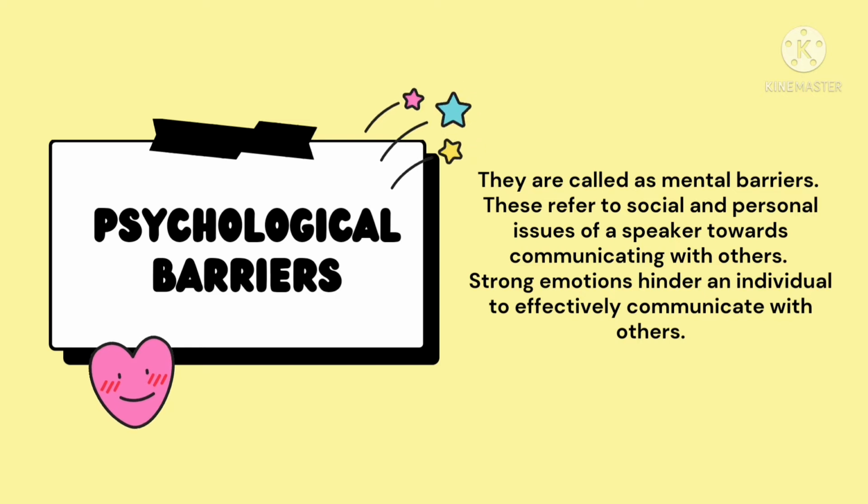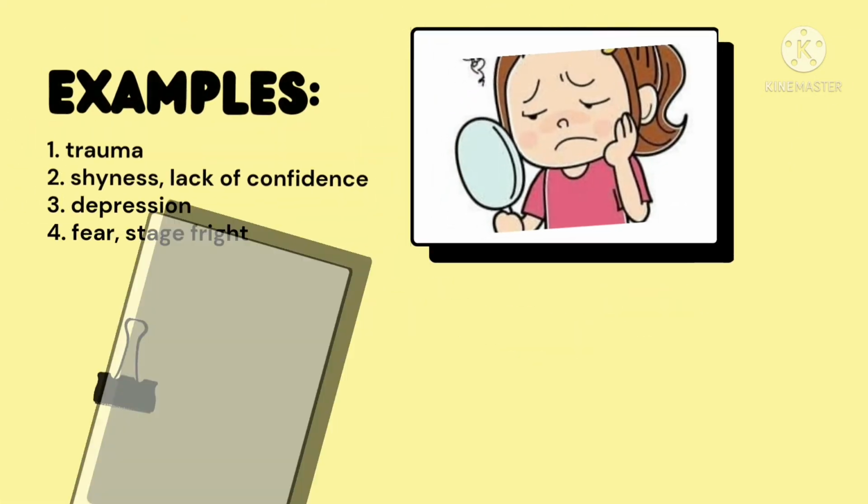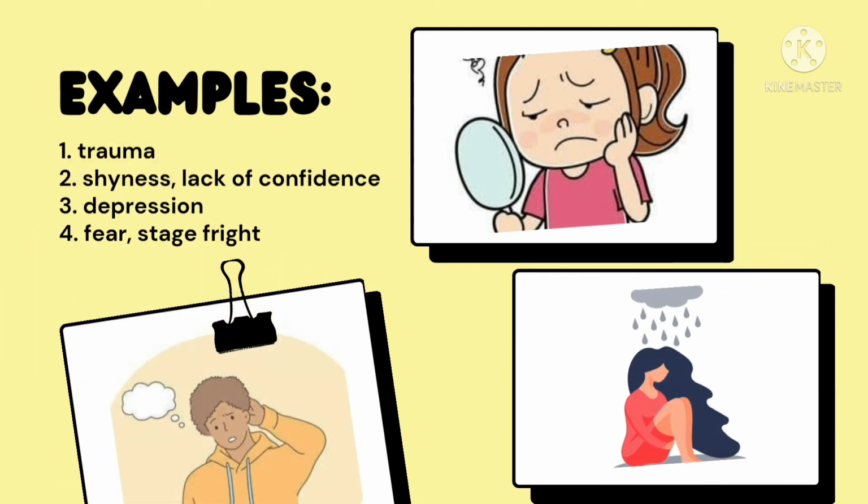These refer to social and personal issue of the speaker towards communicating with others. Strong emotions hinder an individual to effectively communicate with others. Examples are trauma, shyness, lack of confidence, depression, fear, and stage fright.